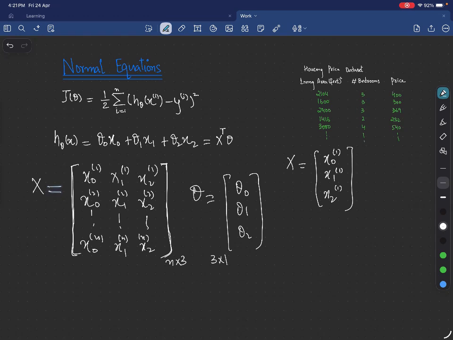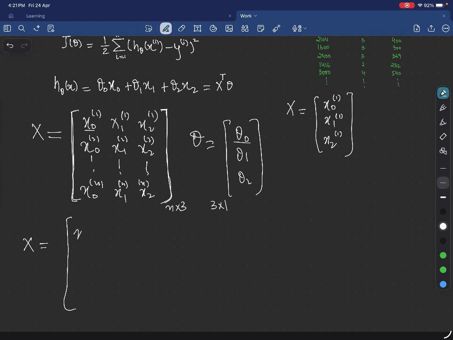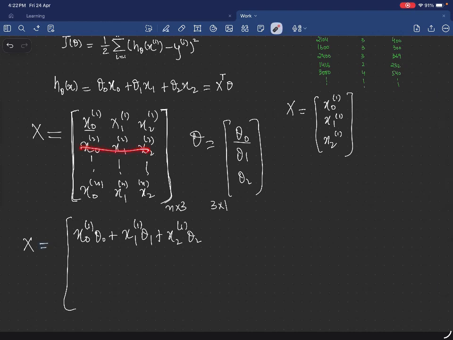Now if we multiply these, the number of columns of the first matrix is equal to the number of rows of the second matrix. That means we can multiply them, and the resulting matrix will be of order n cross 1. So to multiply these, we'll multiply them in a similar fashion: x naught 1 theta naught plus x1 1 theta 1 plus x2 1 theta 2. Now we'll multiply the second row with this column, the third row with this column, the fourth row with this column, and the nth row with this column.